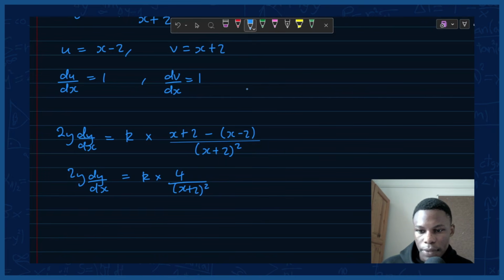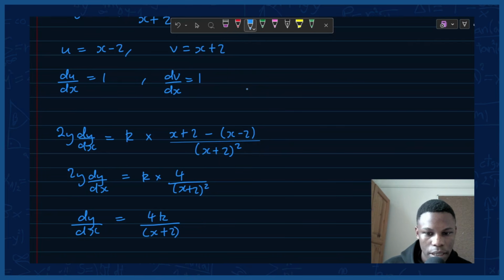Okay, and if we make dy/dx the subject of the formula, I have dy/dx is equal to 4k over (x plus 2) squared, and here you can think of this as me multiplying both sides by 1 over 2y to get rid of this 2y.